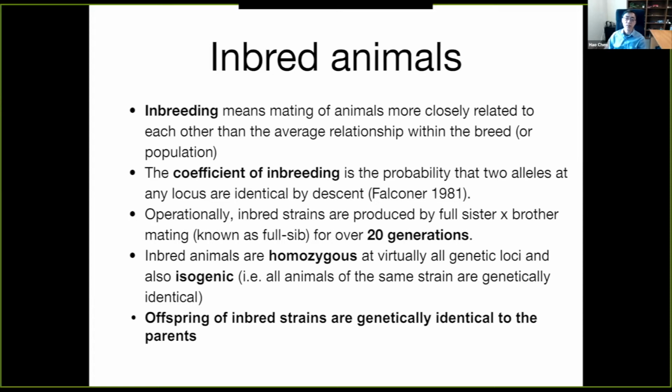Once the population is inbred, each individual is identical genetically, and this can basically be carried on over infinity. So you can take the same individual out and study them in different environments, and each individual is basically a clone of all the others. So these are the basic characteristics of inbred animals.